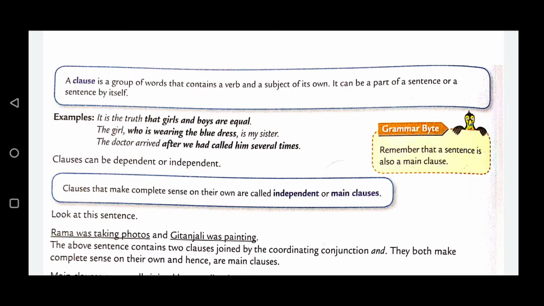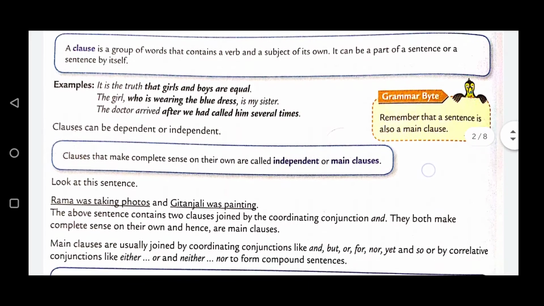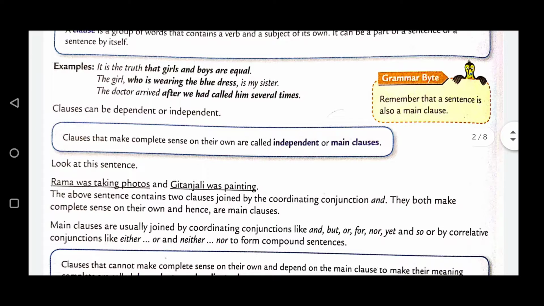Now, clauses that make complete sense on their own are called independent or main clauses. One example is given over here: Rama was taking photos and Gitanjali was painting. Both these sentences are underlined. Rama was taking photos: this sentence in itself is complete, whereas Gitanjali was painting: this sentence also in itself is complete.